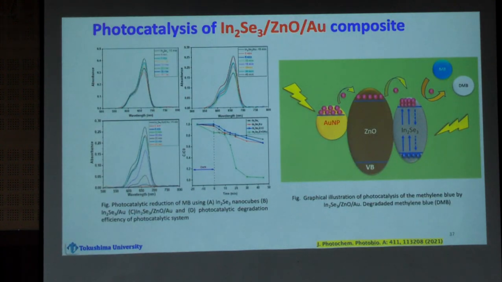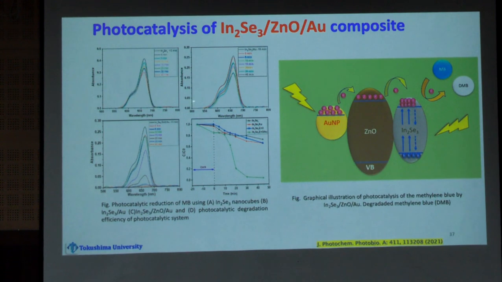Now look at the performance. Here, A is indium selenide nanocube, B figure is indium selenide Au, and C figure is the ternary composite.